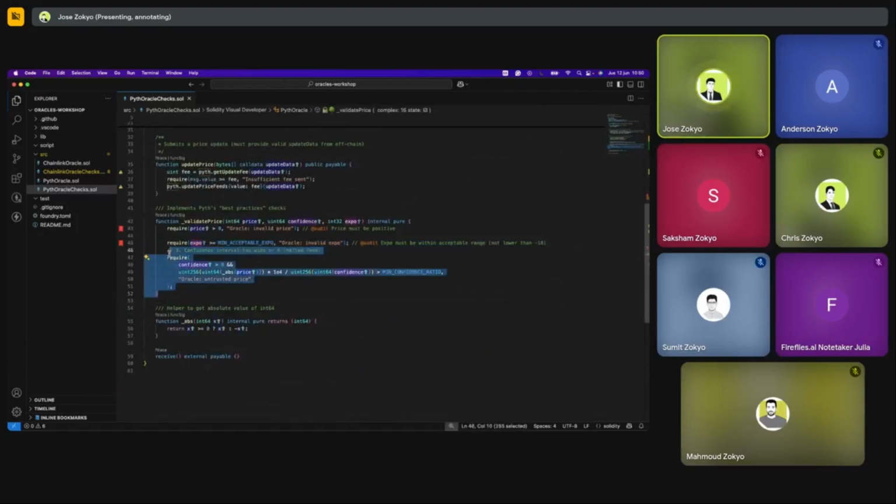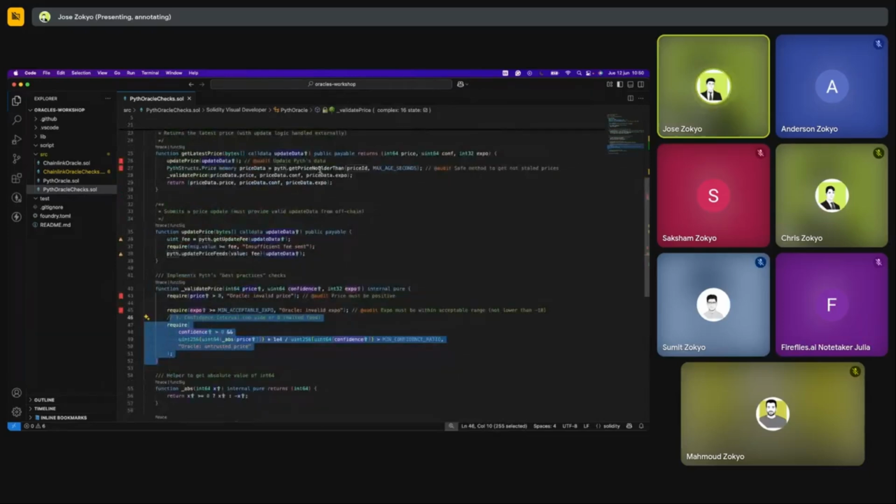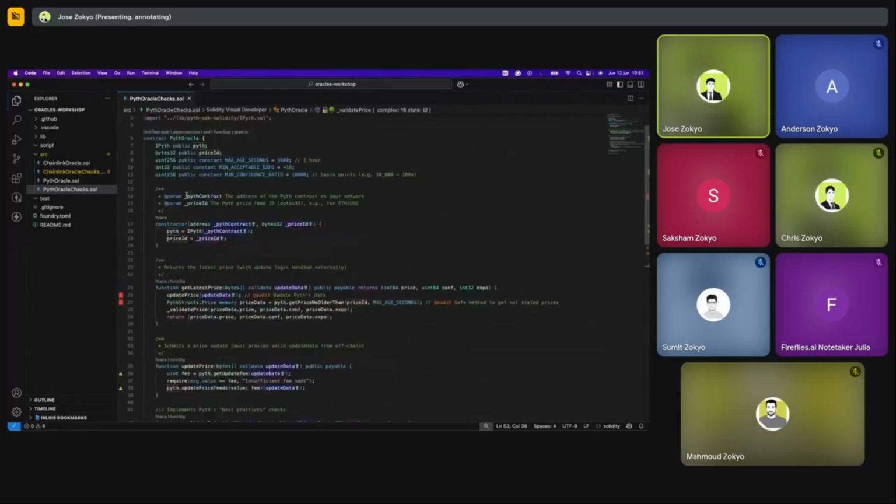And also we have the confidence interval, which is the third parameter returned by the Pyth oracle. Here we have a check that could be implemented to verify if this confidence ratio is within our limits and within the interval that we want it to be. So that would be all for Chainlink and Pyth.